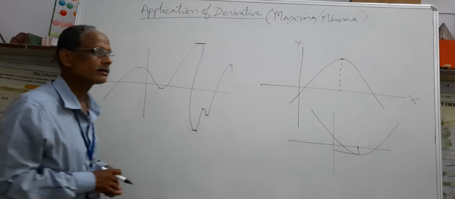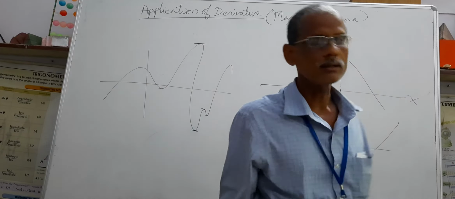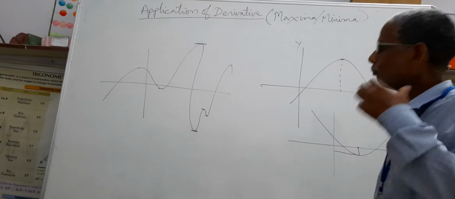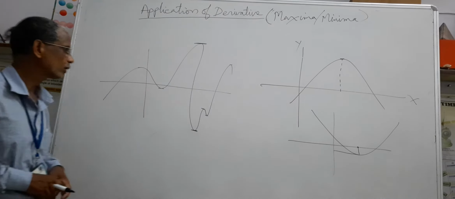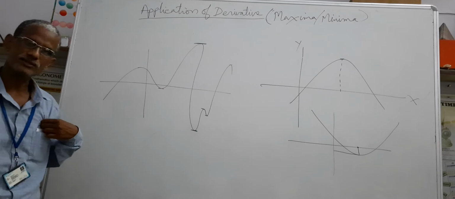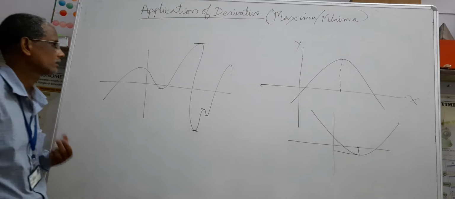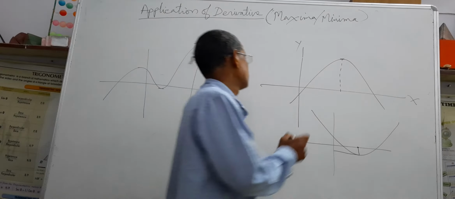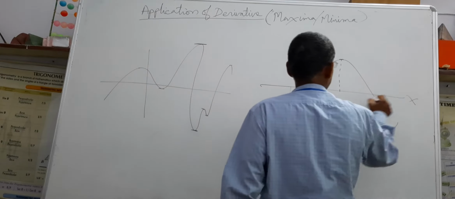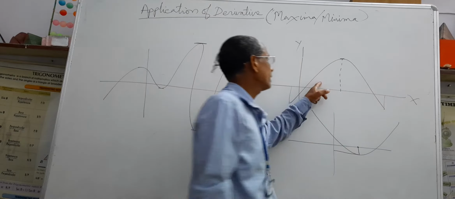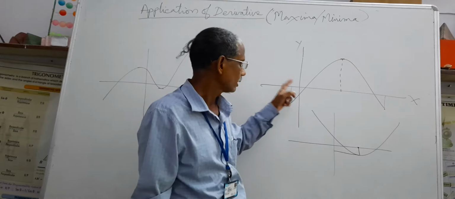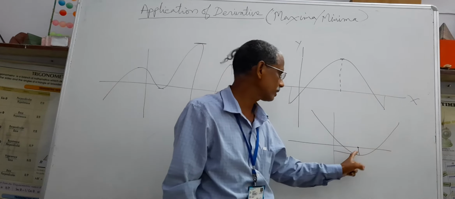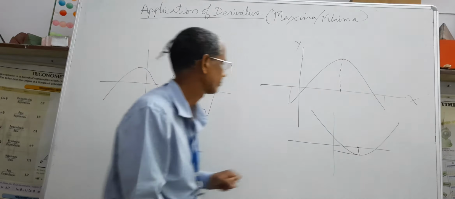In any interval, a function may have more maximum or minimum points. Here, in this interval, function has only one point, maximum point. Here, function has only one point, minimum point.